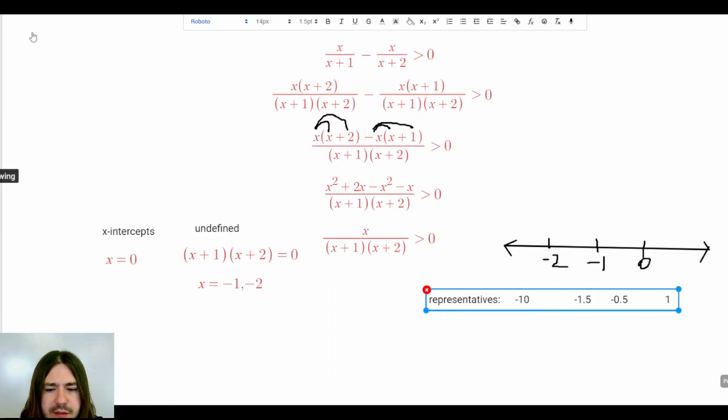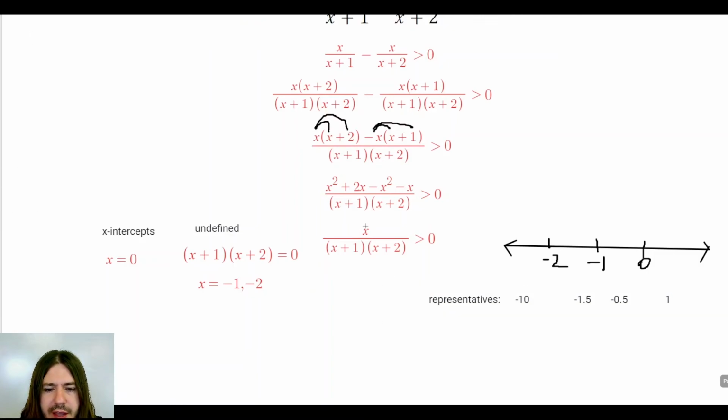Okay, so let's plug in -10, and I get a negative divided by a positive, so that's going to be negative. If I plug in -1.5, I'm going to have a negative divided by a negative, since a negative times a positive would be negative. So again, negative divided by negative is going to be positive.